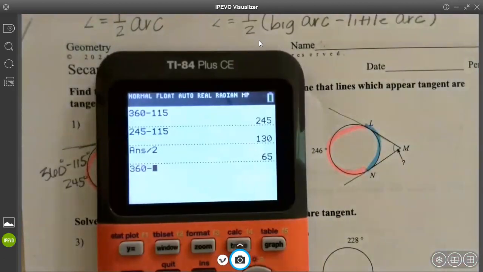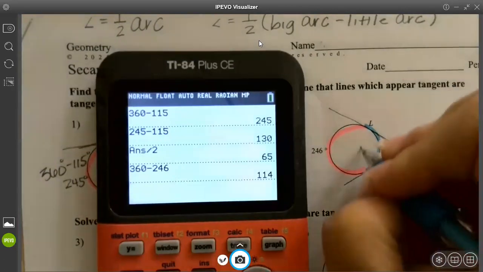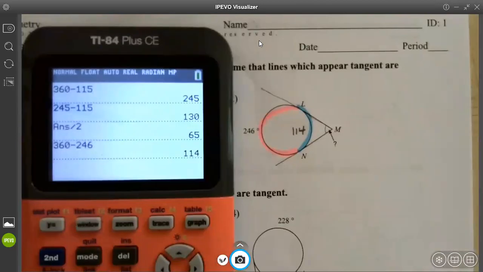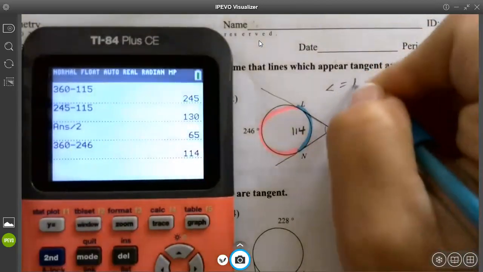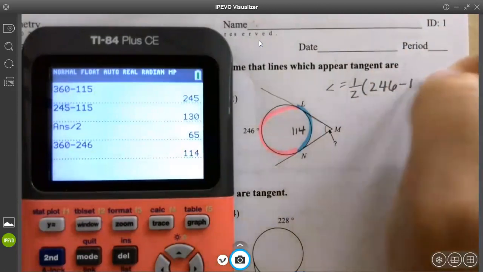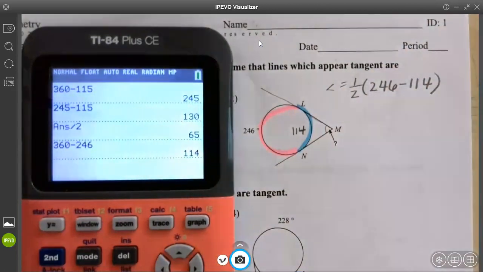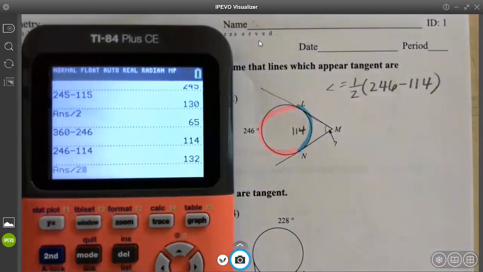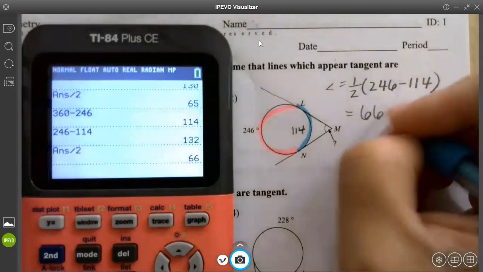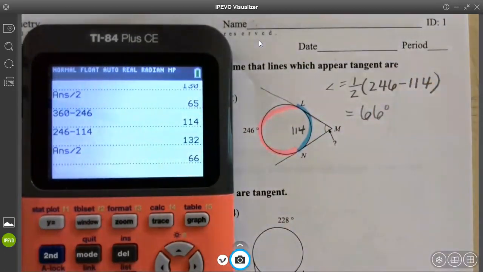So 360 minus 246 gives me 114. So we do angle equals half of the big minus the little. So 246 minus 114, and half of that is 66 degrees.